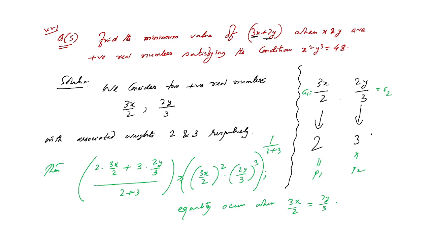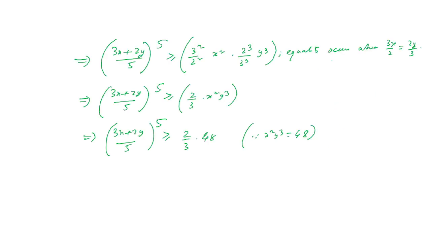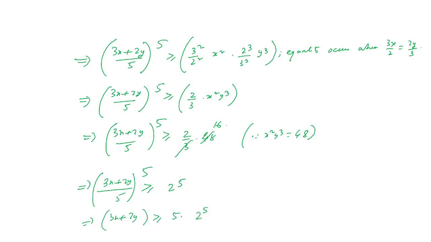See here 48, this is the given condition. So that means we can write 3x plus 2y by 5 greater than or equals to 2 into 16, we can write 2 to the power 5, and from that we can write 3x plus 2y greater than or equals to 5 into 2 to the power 5 whole to the power 1 by 5. So that means it is basically 10. So the value of 3x plus 2y is always greater than or equals to 10.